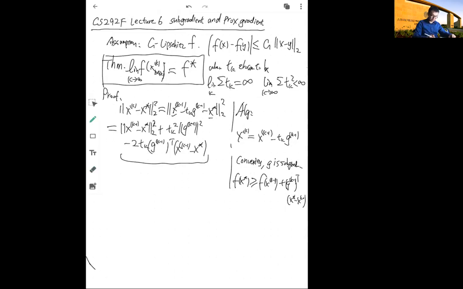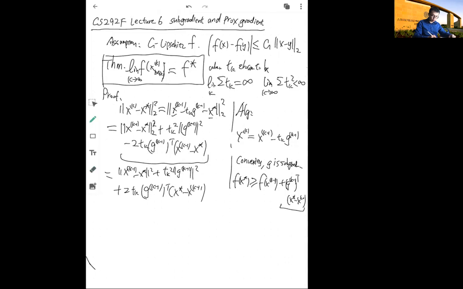Let's see why this is an upper bound. Let's write it out: ||x_{k-1} - x star|| squared plus t_k squared ||g_{k-1}|| squared, plus 2 t_k g_{k-1} transpose (x star minus x_{k-1}). Now this is the same as this term.